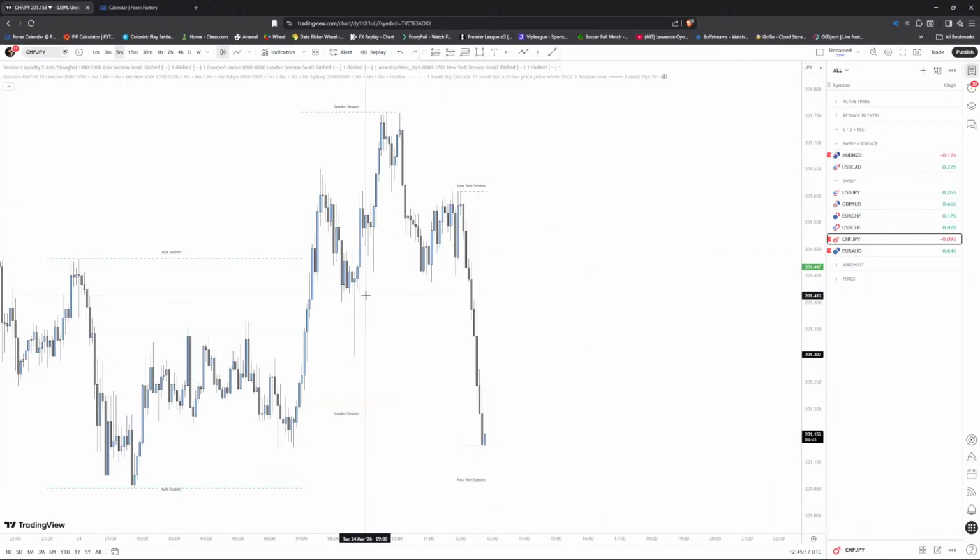Then for Swiss franc JPY, we've seen the London lows been swept.